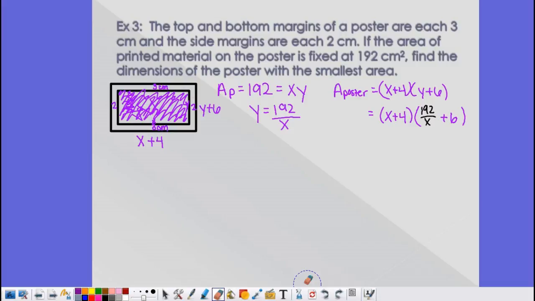So we at least got to this point with the poster. Correct? Yes. All right, and then we were even a little bit further, right? Because we found the derivative. So we got to the point where we said, okay, this was foiled, and then we derived it.